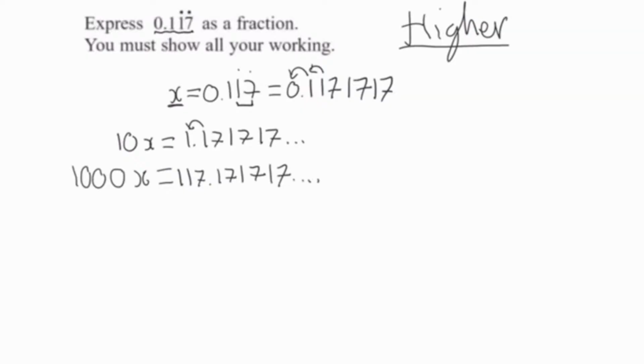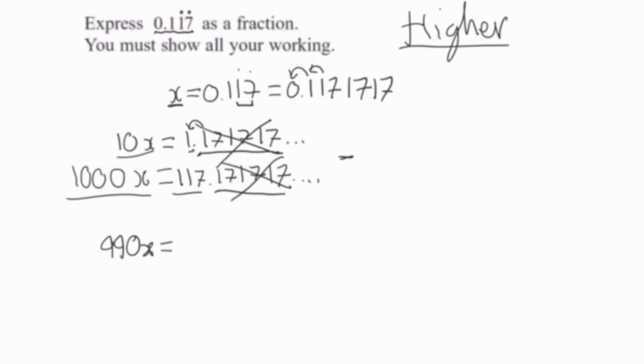So now at this stage, if you notice, if we subtract these two, then what we're getting here is 1000x take away 10x, which is 990x. And then here, these recurring decimals are just going to cancel each other out. So these are going to disappear, and we're just left with 117 take away 1. So we have 116.